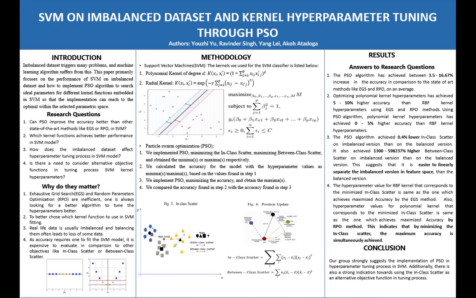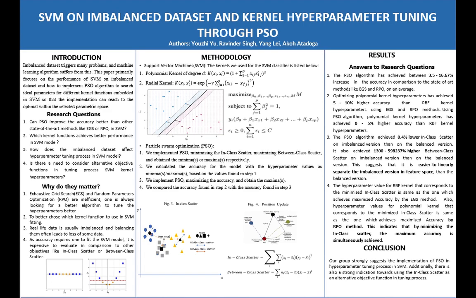We implemented PSO with the in-class scatter, between-class scatter, and accuracy as our objective functions. It is intuitive to minimize the in-class scatter because we want the points within a class to be clustered closely to each other. On the other hand, it makes sense to maximize the between-class scatter because we want the distinct classes to be as far away from each other as possible.